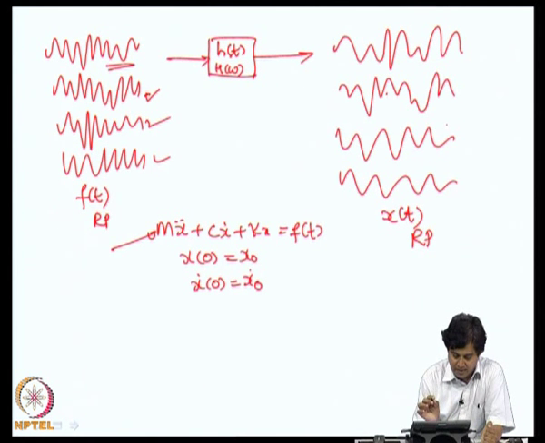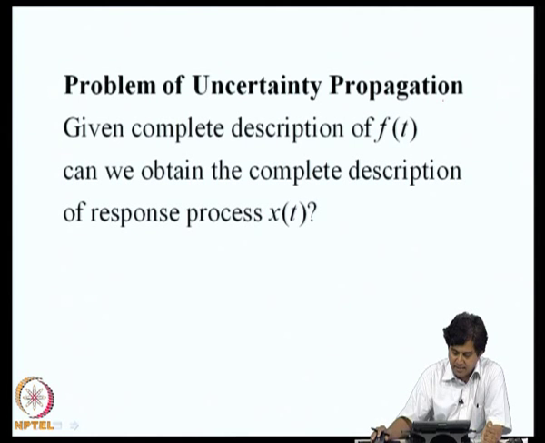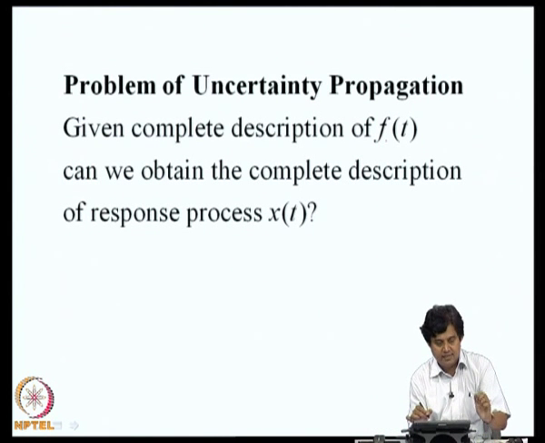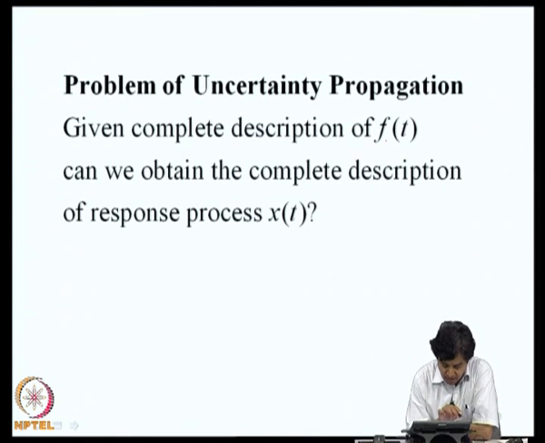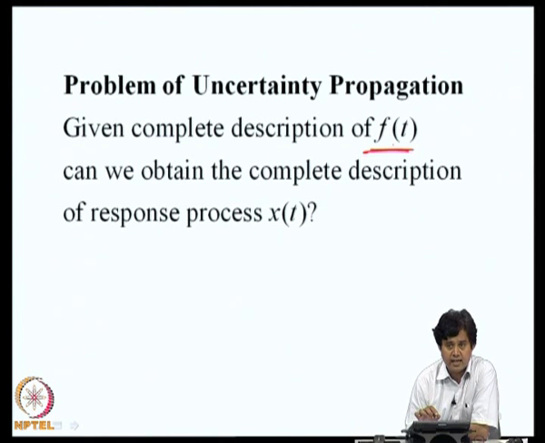But that is not what we mean by random vibration analysis. What we mean is that we are modeling f of t as a random process. That means f of t has certain uncertainties associated with it, and we are characterizing those uncertainties in terms of theories of probability, random variables and random processes.